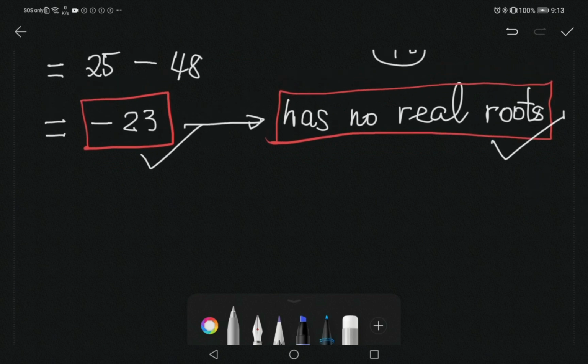Let's have another example, number 3. Let's say 2x squared minus 5 equals 0.